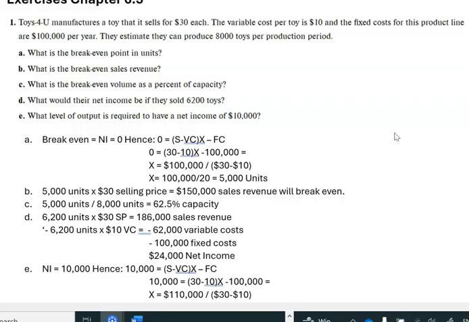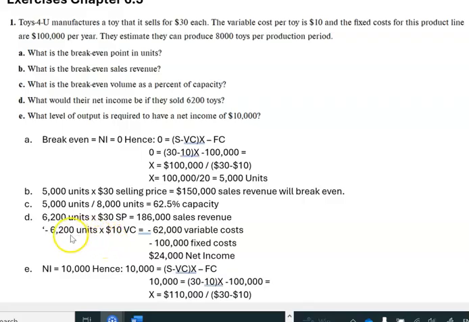Okay, so D, what would their net income be if they sold 6,200 toys? So if we have a look here, 6,200 units multiplied by the selling price of $30 gives us sales revenue of $186,000. Okay, then we want to do our variable cost.